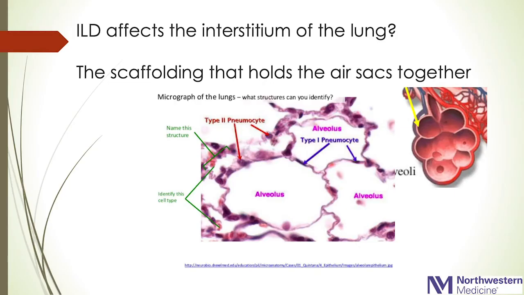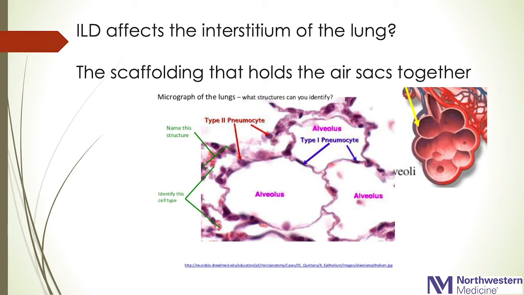It occurs in the wall of those little air sacs, the alveoli. I'm not sure where the pointer's working, so I'll just use this. So here is the air sac, or the alveolus, and here is the wall.